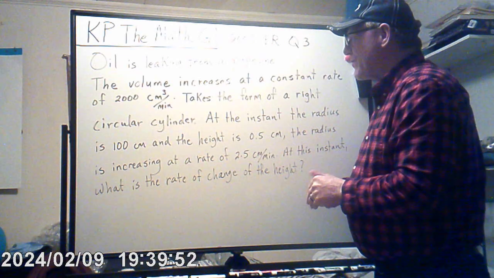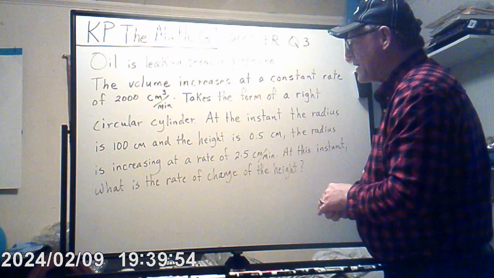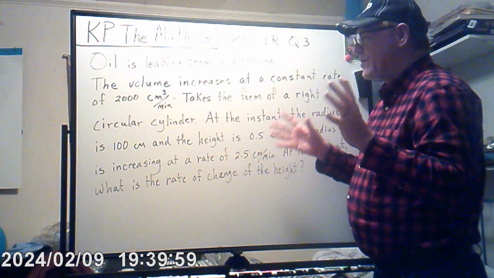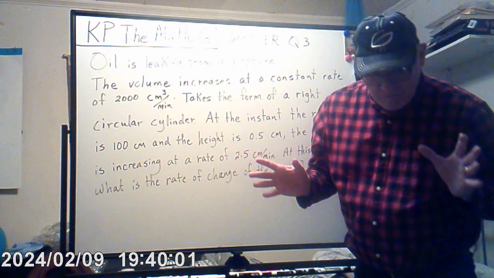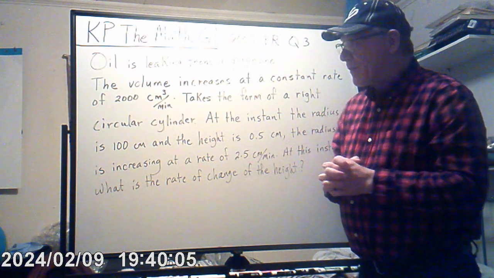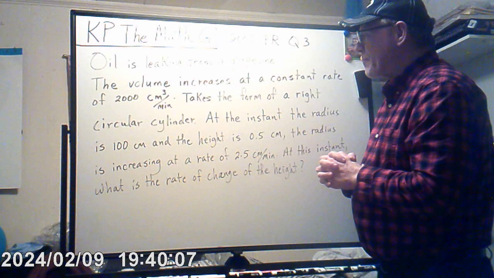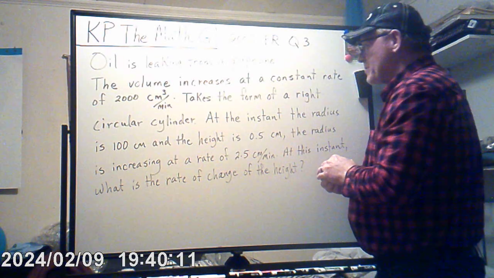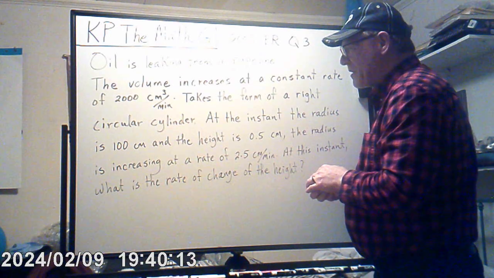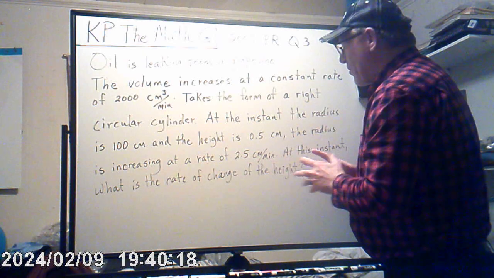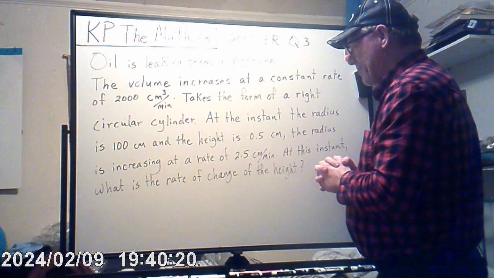Oil is leaking from a pipeline into the surface of a lake. The volume increases at a constant rate of 200 cubic centimeters per minute. It takes on the form of a right circular cylinder.